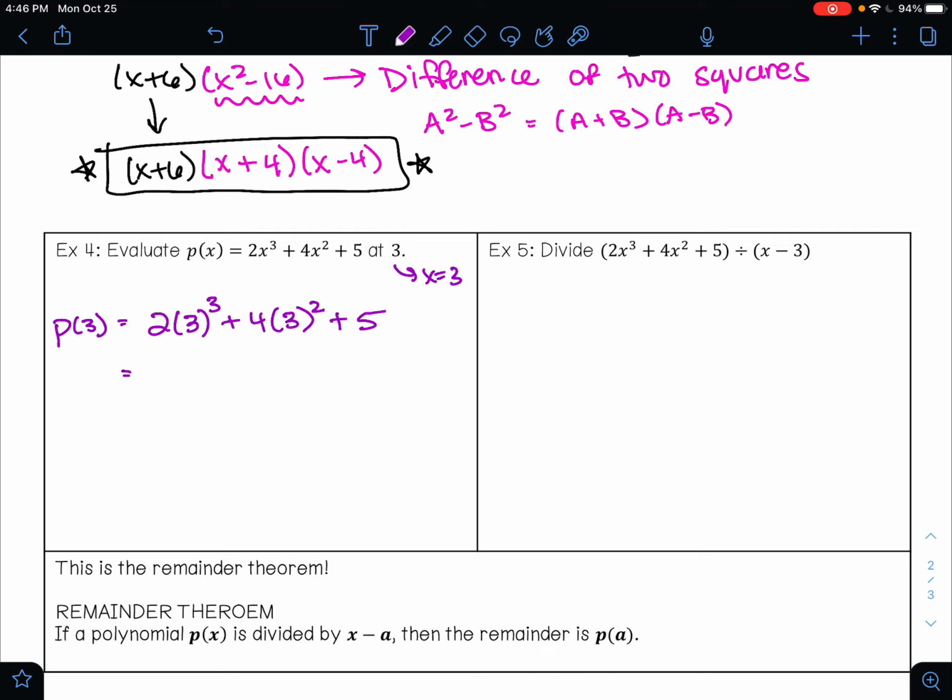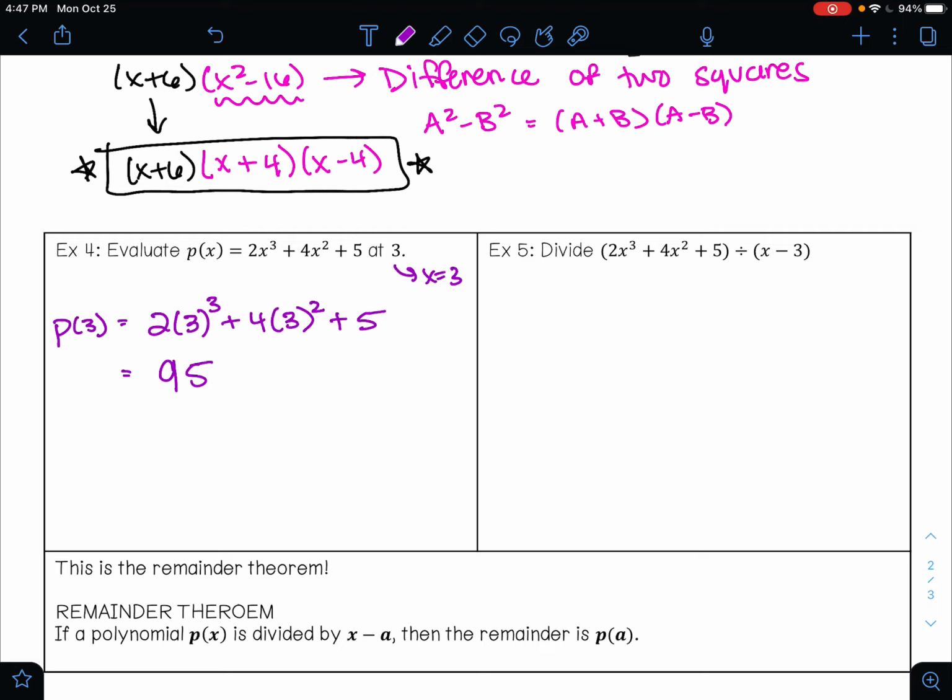I'm going to use a calculator. And so I'm going to have 2 times 3 cubed plus 4 times 3 squared plus 5. And when I do that, I get 95.